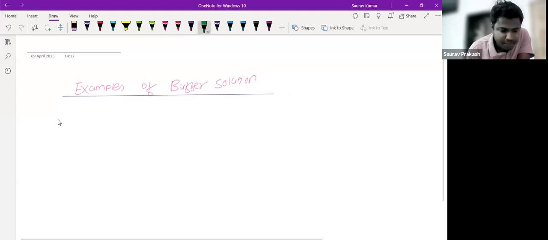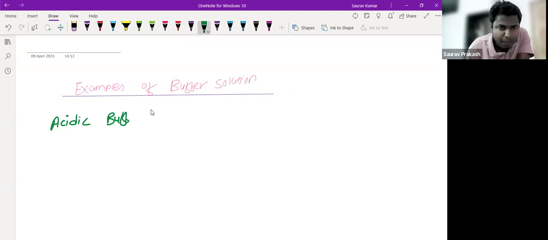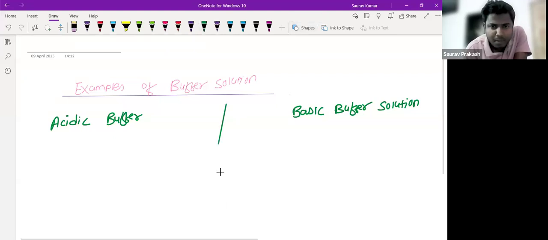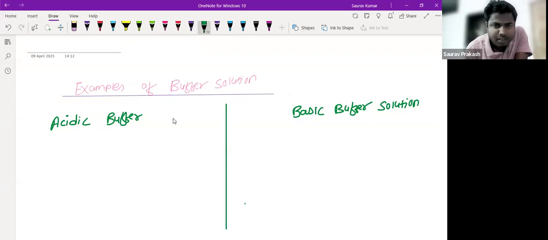First of all, write the examples of acidic buffer, and here it should be basic buffer solution. We already discussed how an acidic buffer is formed: by a weak acid plus the salt of a weak acid and strong base.